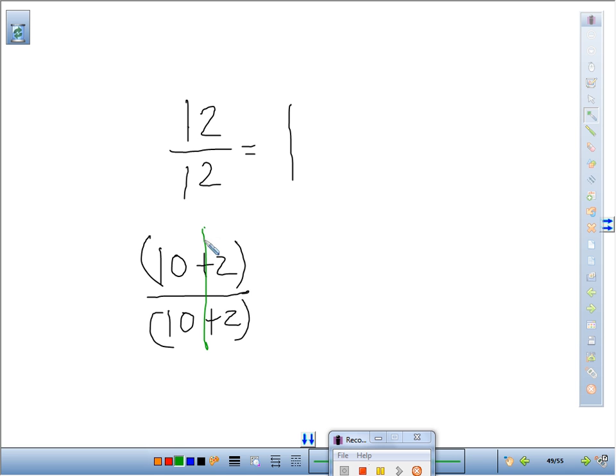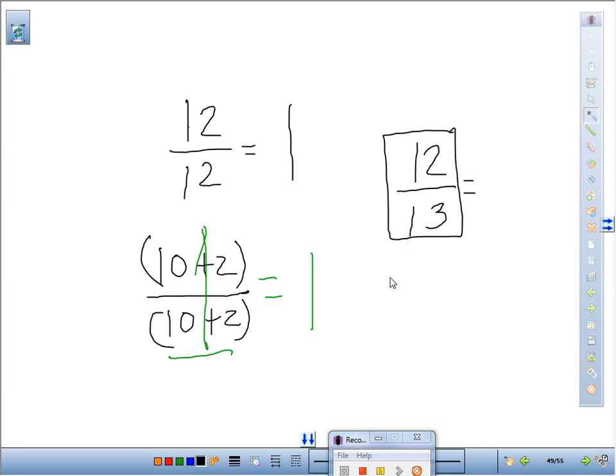Therefore, I can do this. And it gives me 1. Are we there? Okay. However, if I have the number 12 over 13, is this equal to 1? No, that's a decimal. We don't know what it is, but it stays the same, right? But let me rewrite it. 10 plus 2 over 10 plus 3.